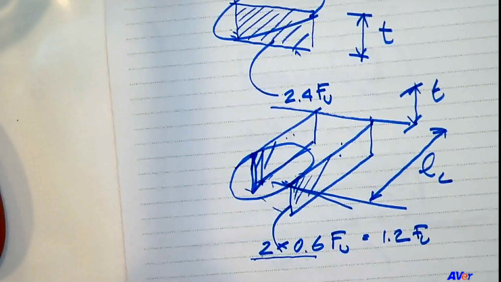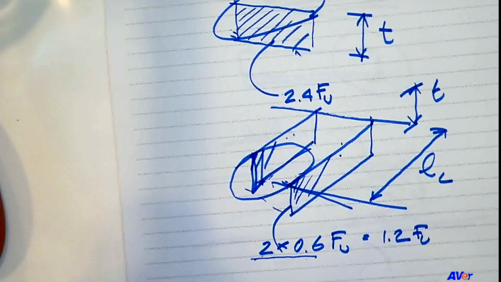So in comes the formula 1.2 Fu multiplied by Lc and by t. Very easy, right? Just strength multiplied by the area where the failure may occur. So if you can see the failure, that means you understand the behavior and you can approximate the strength because there's no more than the area multiplied by the strength here.